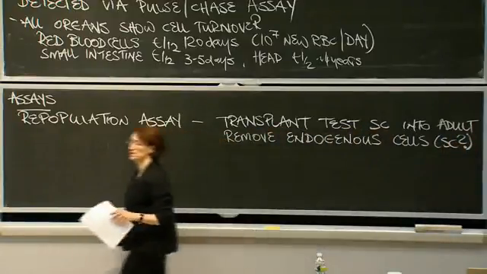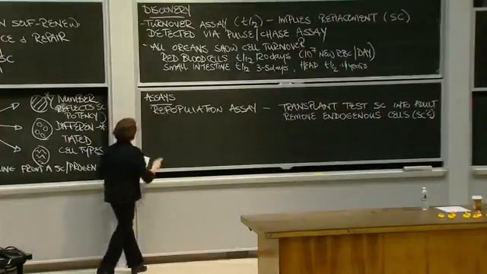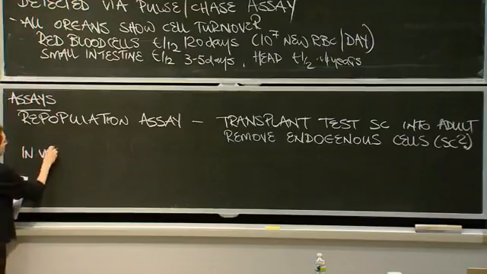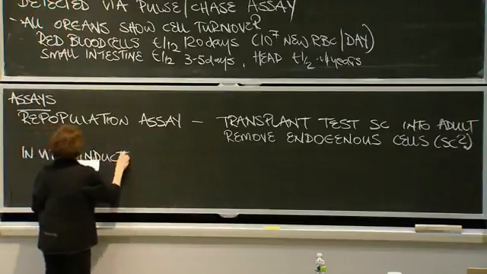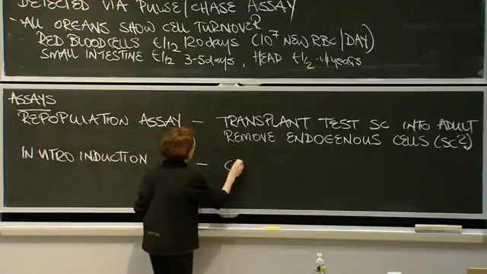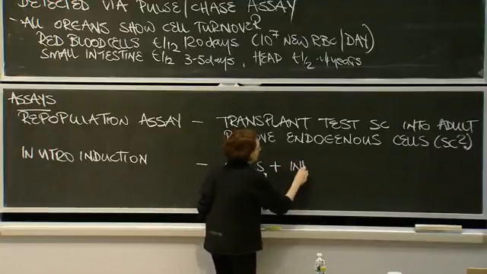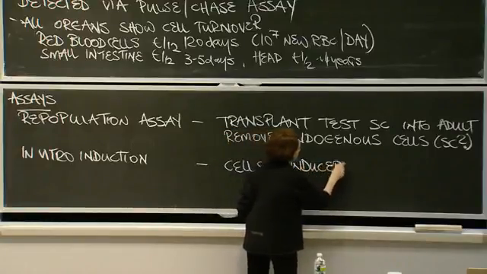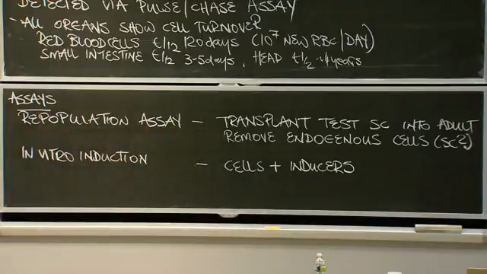That would include the stem cells. We'll go through a slide in a moment. I'm going to list them here. Another one is an in vitro induction assay, where you're going to take isolated cells and treat them with various inducers, various signaling molecules, and test and see what fates those cells can acquire.